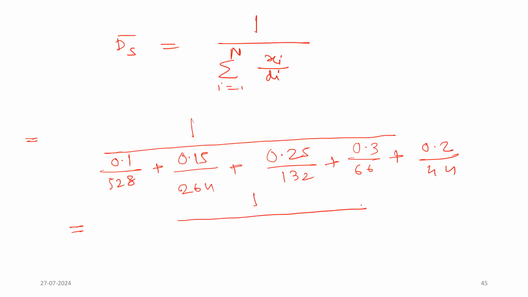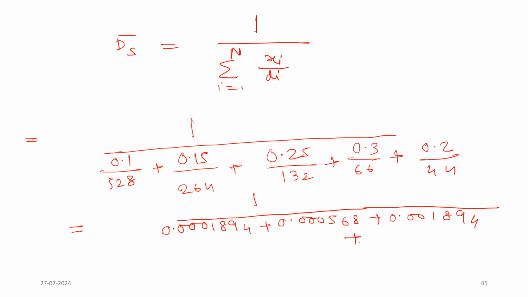Now we calculated individually. It is 0.000189 plus 0.000568 plus 0.00189 plus 0.0045, and last, 0.2 by 44 is 0.004545.